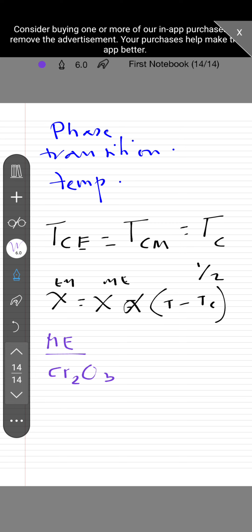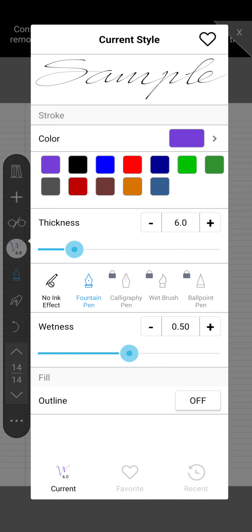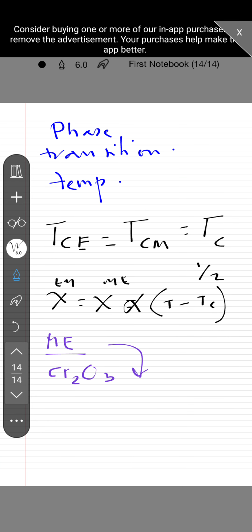And it has been found that this magnetoelectric effect originates due to two phenomena. One is called magnetostriction, and the second one is the piezoelectric effect.